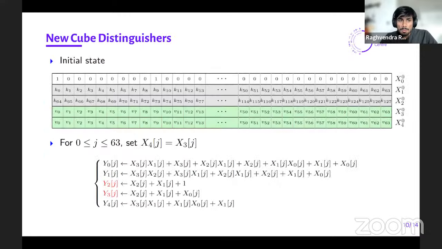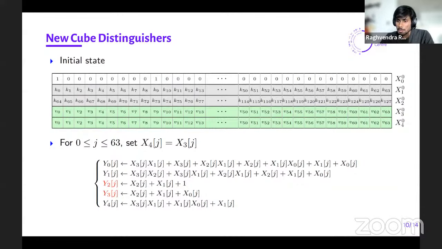Okay, so now we look into our distinguishers. The idea here is, in the initial state, we set the cube variables in word 3 and word 4 as equal. And then we apply the S-box operation. And then we find that after the S-box operation, word 2 and word 3 are independent of the nonce variables.